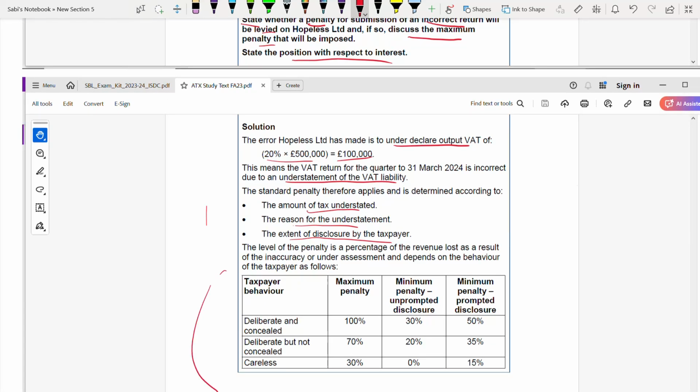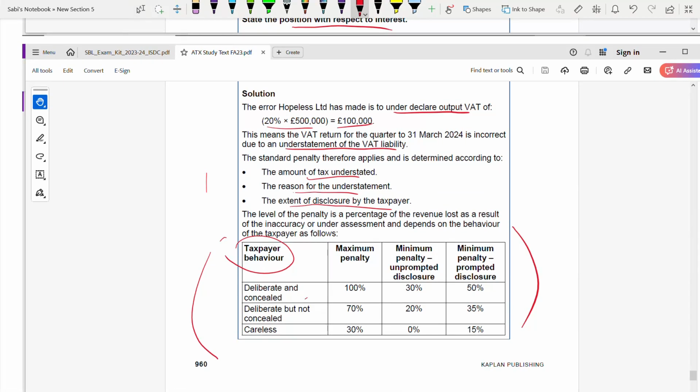See, this table was given before as well when we were doing income tax, based on the taxpayer's behavior. Same table we are using here. So the level of the penalty is based on the behavior of the taxpayer. Are they deliberately concealing? Deliberate, but they have not concealed, or they are careless.